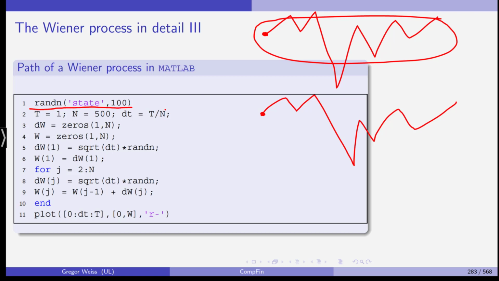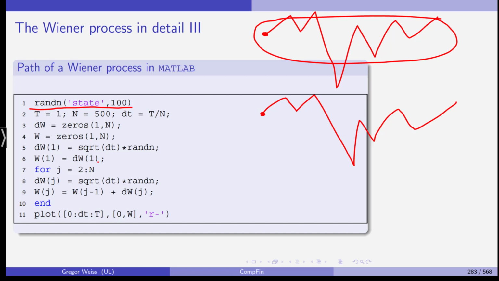Then we say, okay, we have capital T equal to 1. We have 500 steps. So every step has a length of 1 over 500. dw is a vector of zeros. W is a vector of zeros. And we start out with the square root of dt times randn, the random number generator. And then W1 is initialized with dw1.